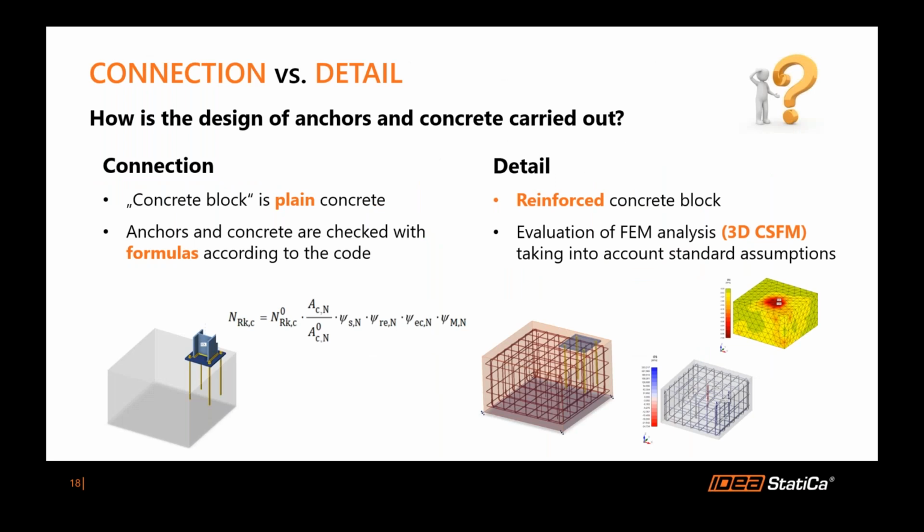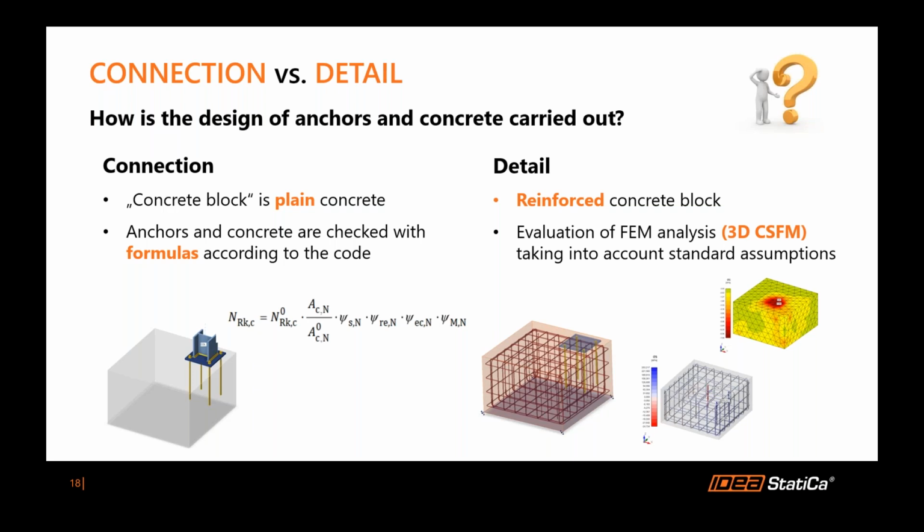Now, I have prepared a series of questions and answers to explain the differences between connection and detail application. The first question: how is the design of anchors and concrete carried out? In connection, the concrete is considered as plain, unreinforced concrete, and all of the checks are carried out as empirical formulas stated in the code.